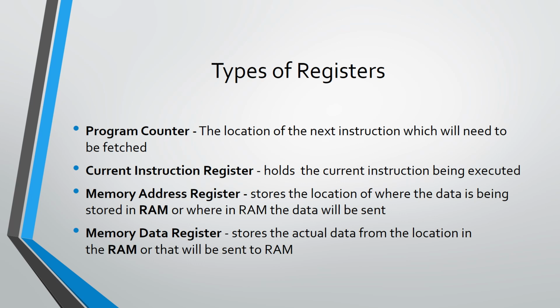The current instruction register holds the current instruction being executed. The memory address register stores the location in RAM where data is being stored or from where data will be sent. The memory data register stores the actual data from that location in RAM or data that will be sent to RAM. So these are four basic registers in the CPU.